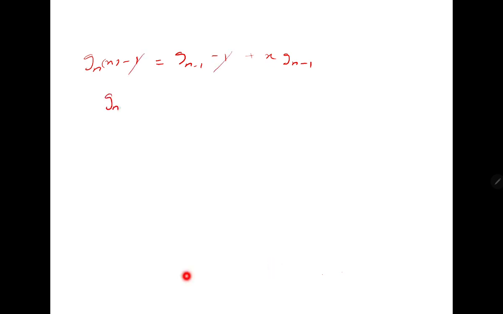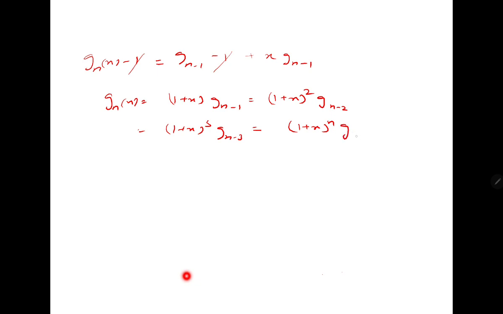So your g_n(x) becomes 1 plus x times g_n minus 1, which is same as (1 plus x) squared g_n minus 2, (1 plus x) cubed g_n minus 3, and so on, (1 plus x) raised to the power n g_0. Yes, g_0 is a_0,0, which is 1 from the initial condition.